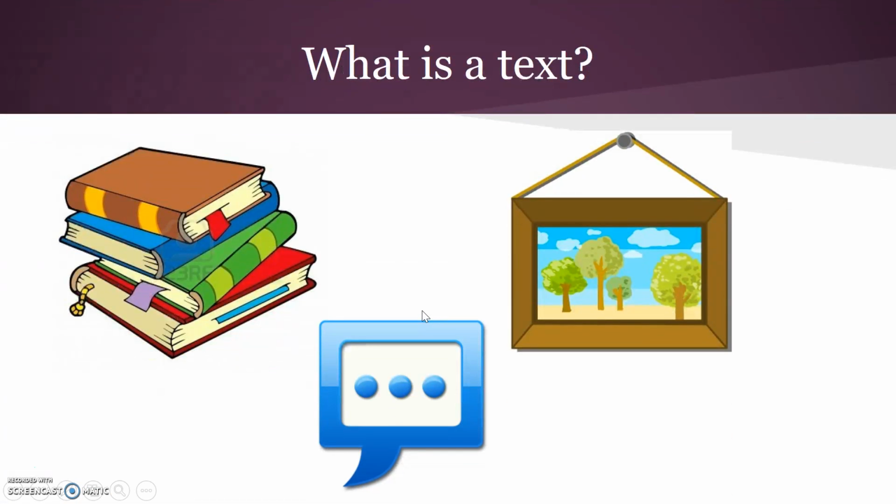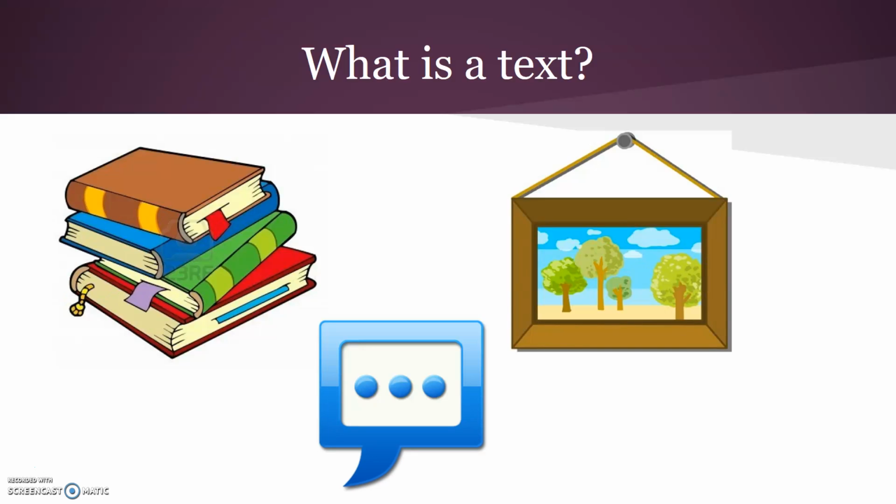So our first question is, what is a text? Now, our normal reaction will be to immediately say, well, it is the books that we study over the course. But when we think about it, a text can be anything that is meant to communicate an idea.